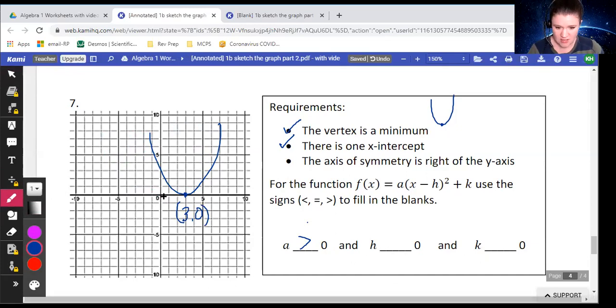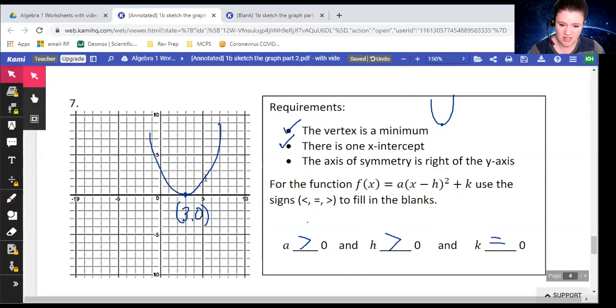So H, since it is to the right, that means that it is greater than 0. And K, in this case, is going to be equal to 0. Now, even if it was in a different spot, even if I pulled it over here to 5, it's 5, 0. Pulled it over here to 8, 8, 0. So K is always going to equal 0 if it's just touching that axis.